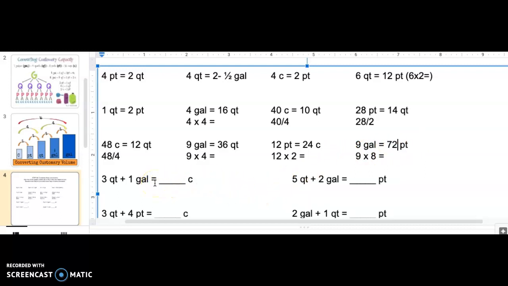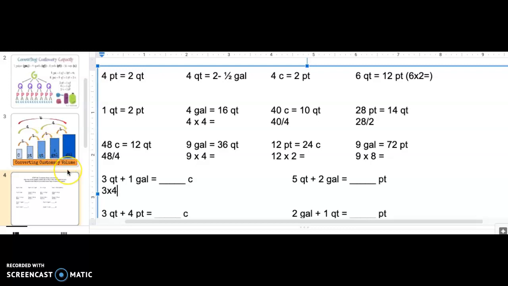Now we have some addition problems. Don't be intimidated. Let's think about 3 quarts and 1 gallon is how many cups? So I'm going to ask myself, how many cups are in 3 quarts? 4 cups in each quart. So this is 3 times 4, right?